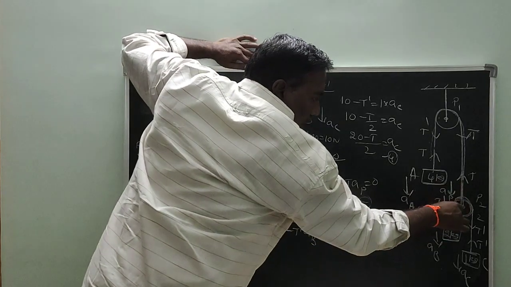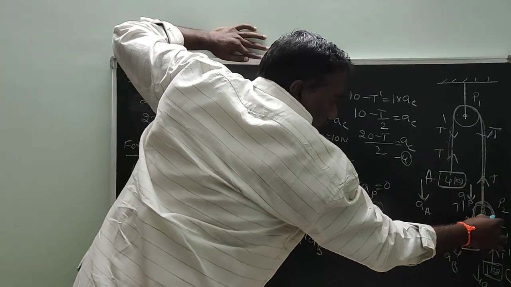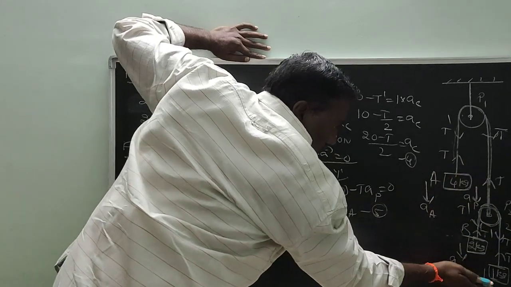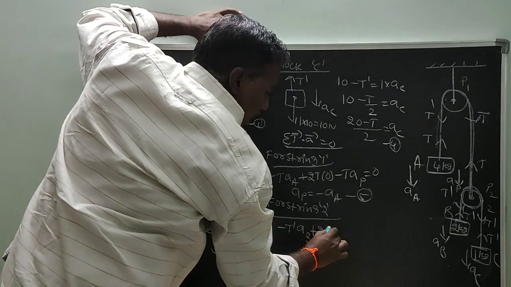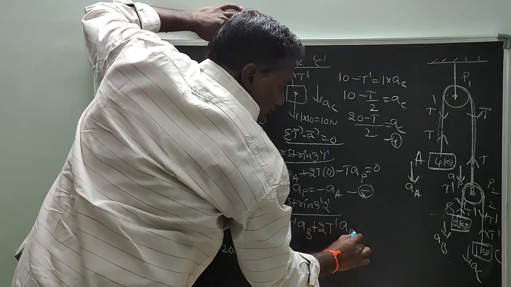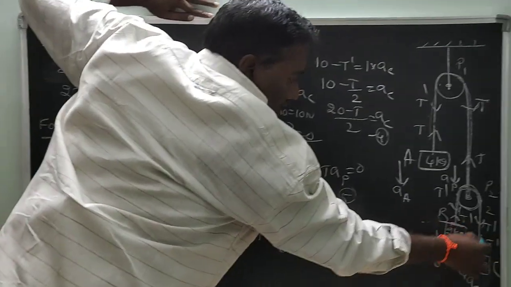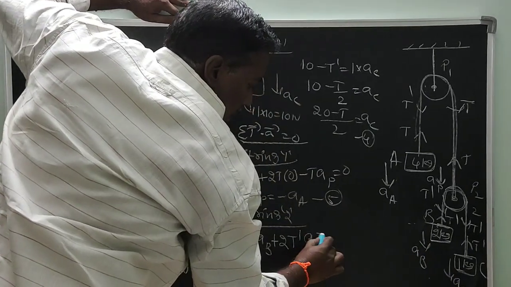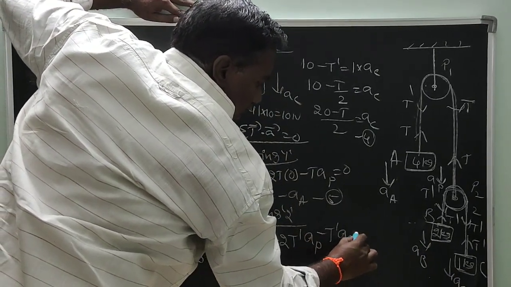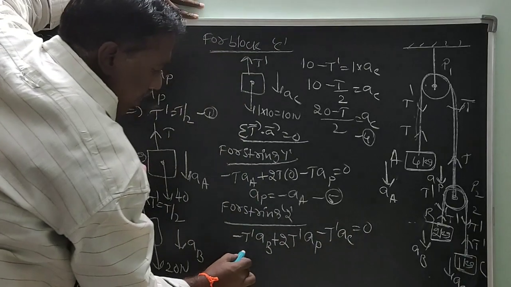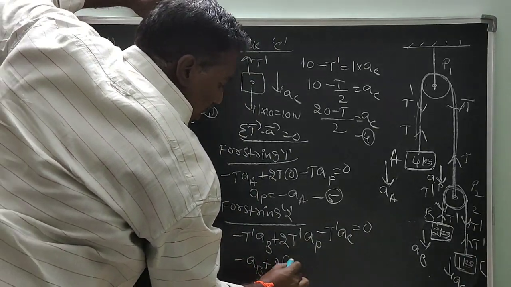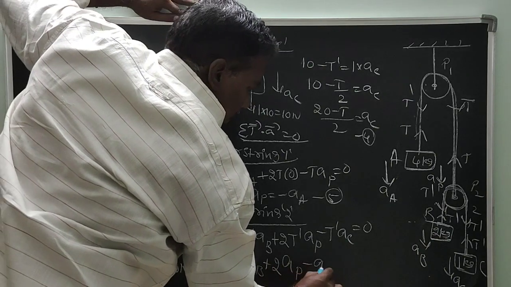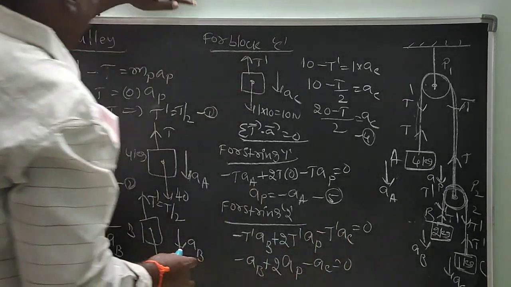The pulley is moving down, and both T dash are in the downward direction, so plus 2T dash into AP. This T dash is in the upward direction and AC is downward, so minus T dash into AC is equal to 0. That gives minus AB plus 2AP minus AC is equal to 0.